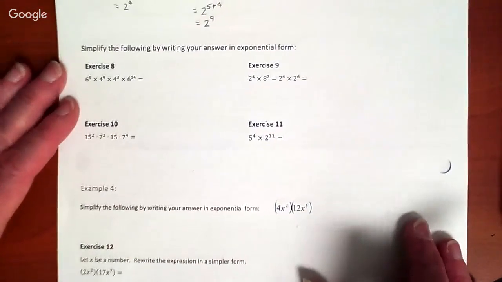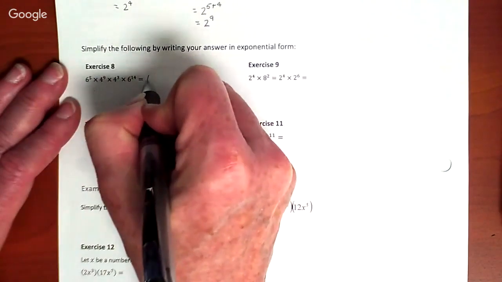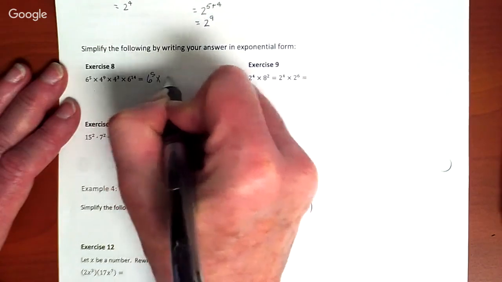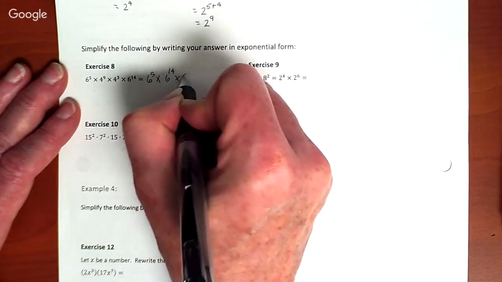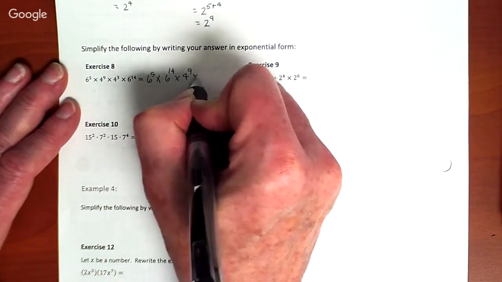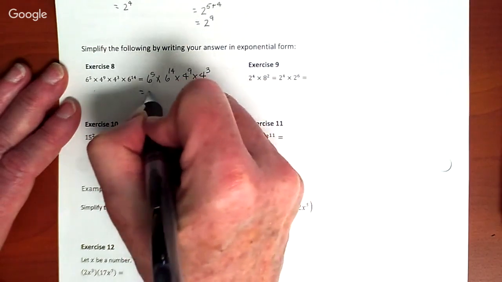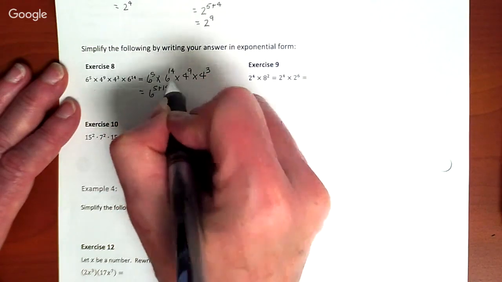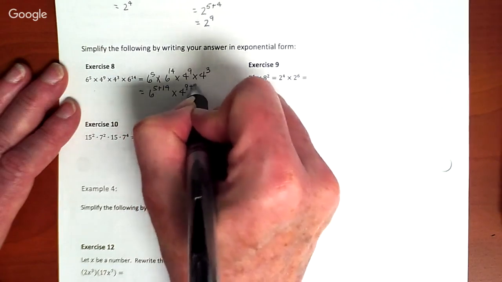So now to simplify the rest, we have 6 to the 5th times 6 to the 14th times 4 to the 9th times 4 to the 3rd, which would equal 6 to the 5 plus 14 times 4 to the 9 plus 3.